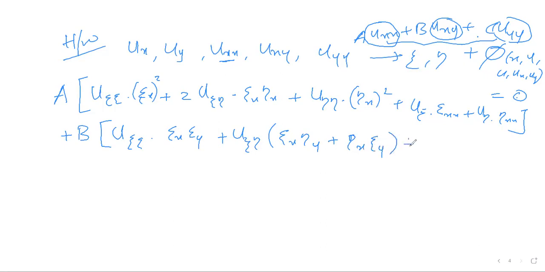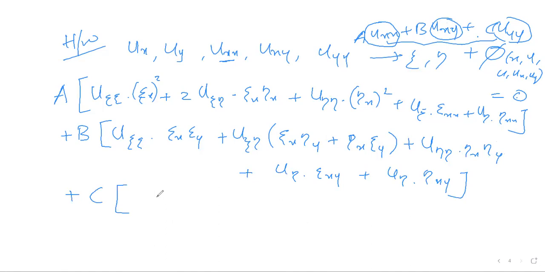Plus we also have the term u eta eta, eta x eta y. There's one more term there: u zeta zeta xy plus u eta eta xy. This many terms we have for uxy. If you did it using the chain rule correctly, you will get there.